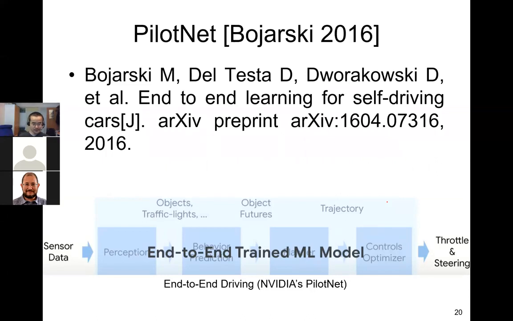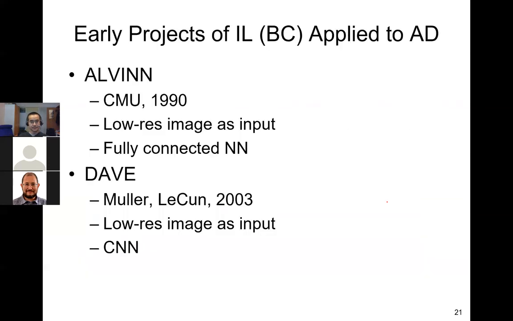It is the first industrial-strength end-to-end driving research that's more or less successful. All the previous cases were toy, small vehicles. So these are the early projects of IL applied to AD.